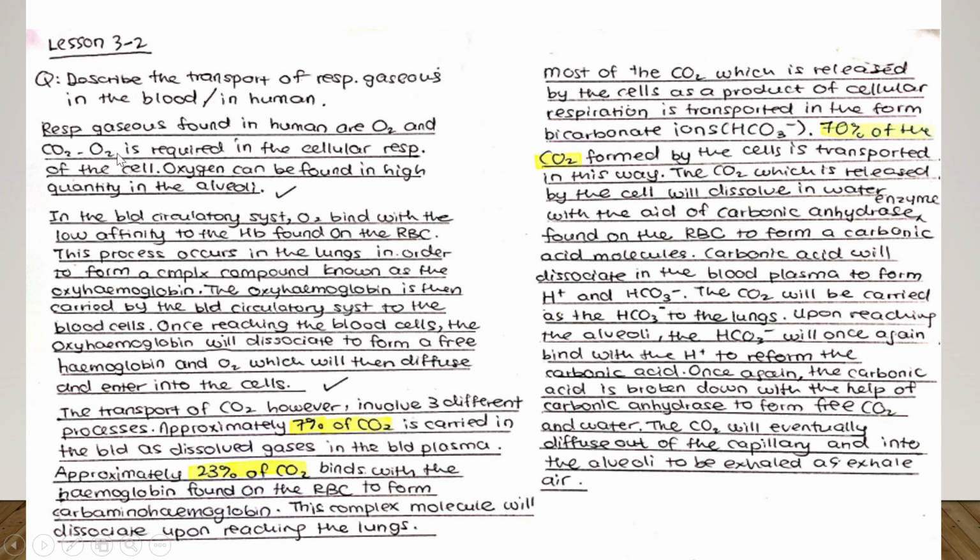If it is oxygen, how is it transported? The transport is through oxyhemoglobin. But for carbon dioxide, there are three modes or three ways of transport. You can read this on your own later on. Hope you will be looking at your PowerPoint slides after this.